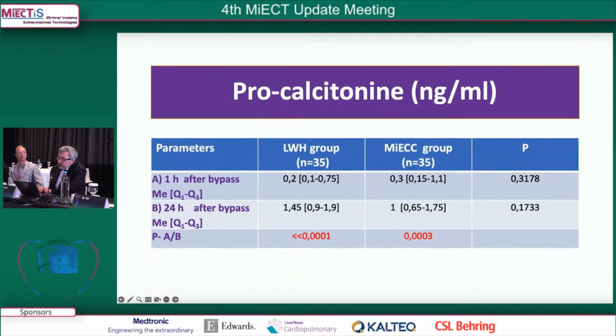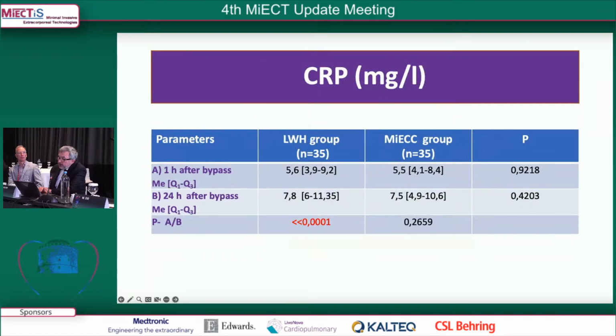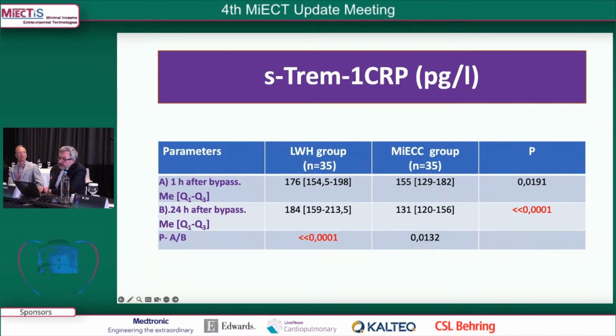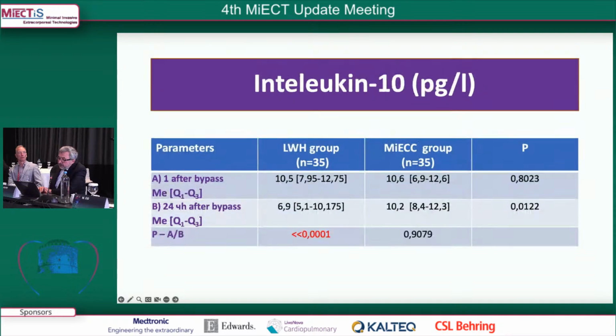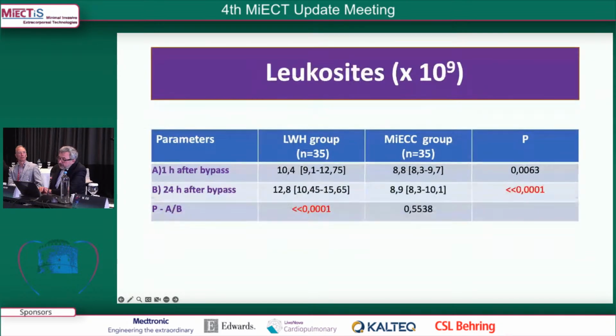Statistical differences were also obtained in the level of procalcitonin in the two groups, CRP level, sTREM, sorry, interleukin 6 levels, strong evidence, interleukin 10 also, and postoperative blood cell level also.